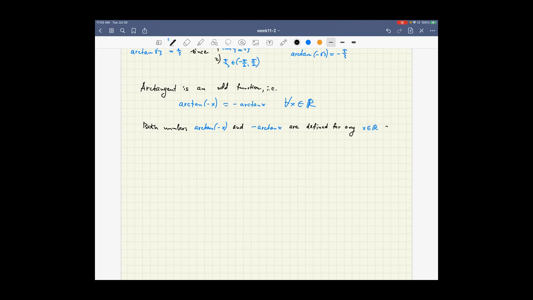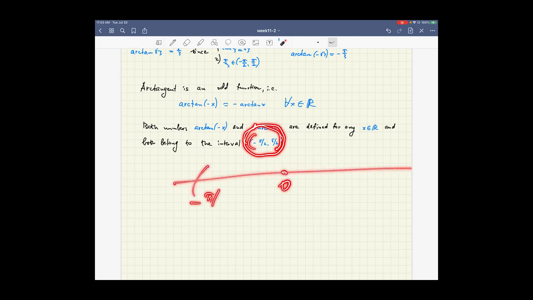and both belong to the interval negative pi over 2, pi over 2. Even this number, right? Arctangent is in negative pi over 2, pi over 2, but since the interval is symmetric about 0, whether you put negative in front of a number won't take it out of this interval. If this is x, this is negative x.